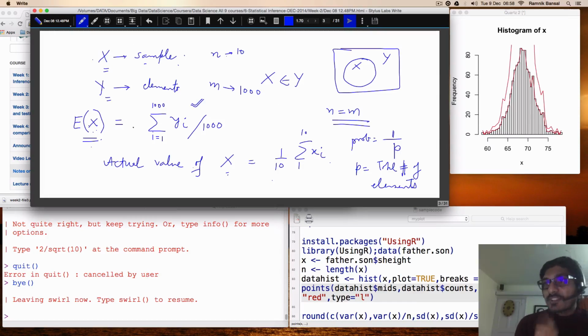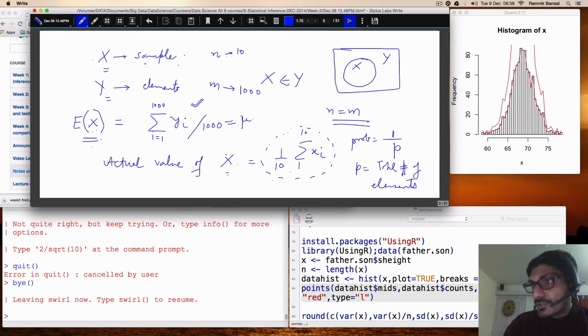So what I'm saying is, for example, look at this: summation of i equal to 1 to 1000. This is the actual, so this is what I expect. Let me call it mu. Now, how can I compute this? I only have 10 values, right? So I actually compute this, but this is the actual computation.